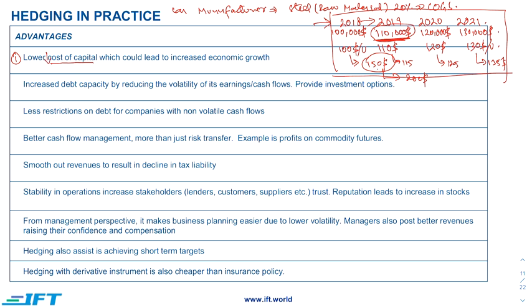How? Basically, a lot of things are tagged to what sort of sustainability, what sort of stability you have in your organization. So if your bottom line, your profitability, your cash flows are stable, thanks to the hedging you did, the capital provider would see that you have a stable profitability, you have a stable cash flow, and you have actually been performing and posting good growth in your bottom line despite the abrupt changes in your raw material.